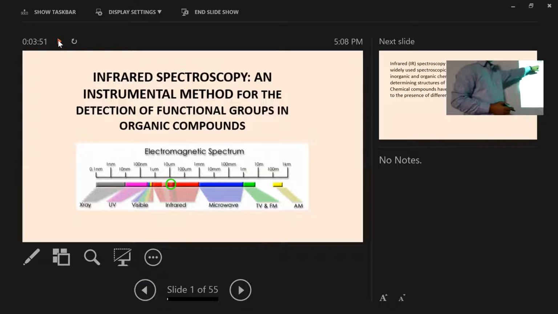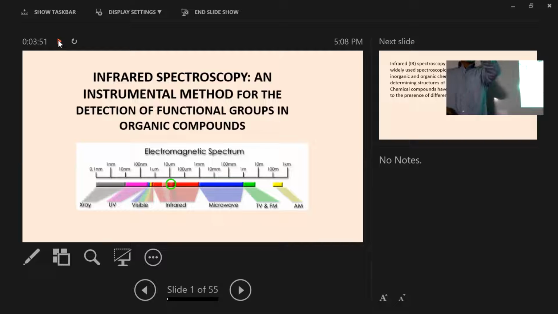This is our excited state, and every energy level has different vibrational levels, and every vibrational level has different rotational levels. Is it? So if you give a lot of energy, the molecule can jump from this ground state to the excited state.